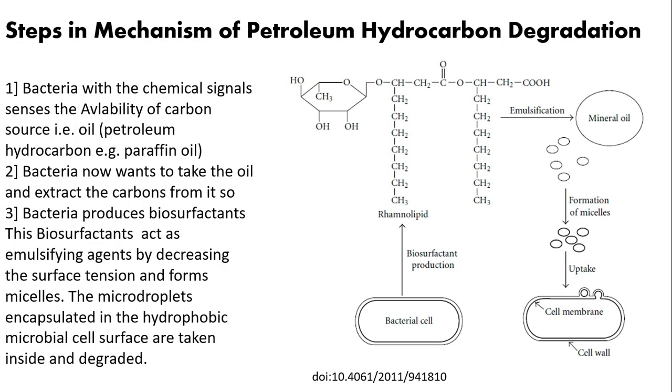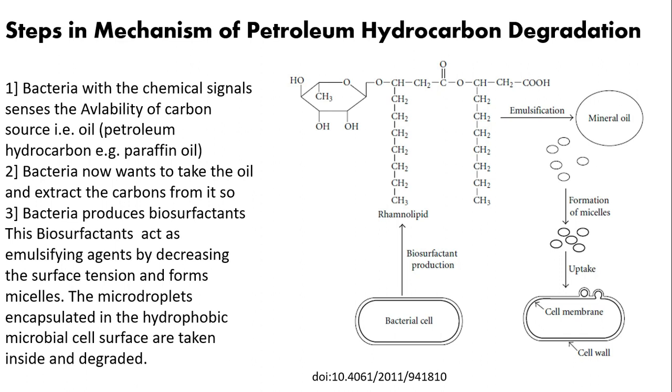Now, from this slide, we will take a look into the steps in the mechanism of petroleum hydrocarbon degradation. In the example, we are considering paraffin oil. Bacteria, with chemical signals, now sense the availability of carbon source, that is the paraffin oil, from the oil spill. Now bacteria want to take the oil and extract the carbons from it.